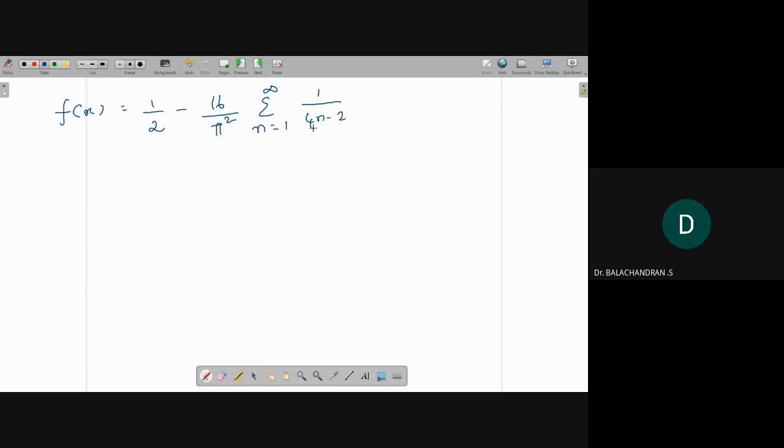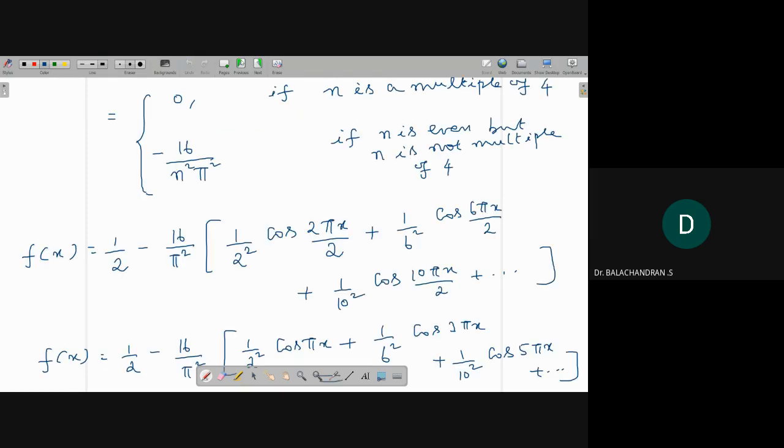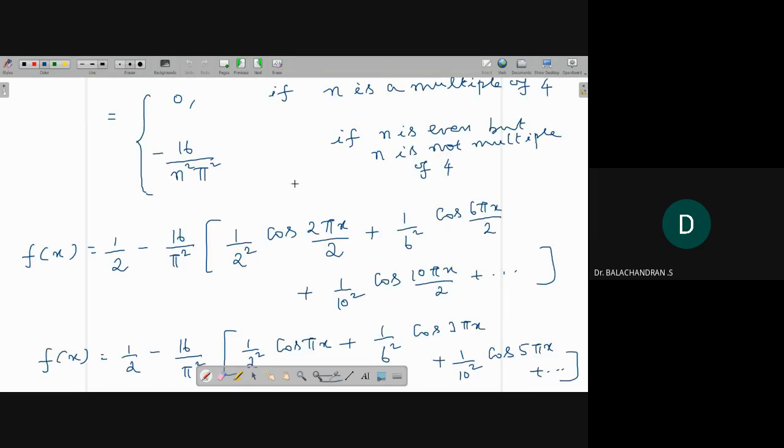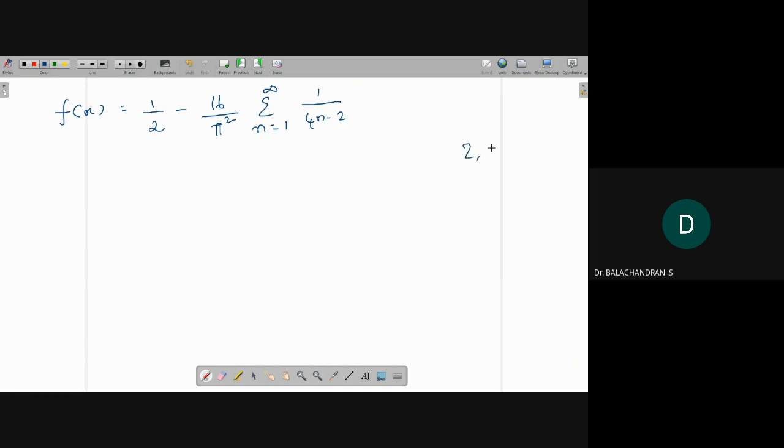When n equal to 1, you get 2. N equal to 2 gives 6. So you have a series 2, 6, 10 like this. So a plus n minus 1 into d, where a is 2 and the common difference d is 4. So 2 plus 4n minus 4, that is 4n minus 2.